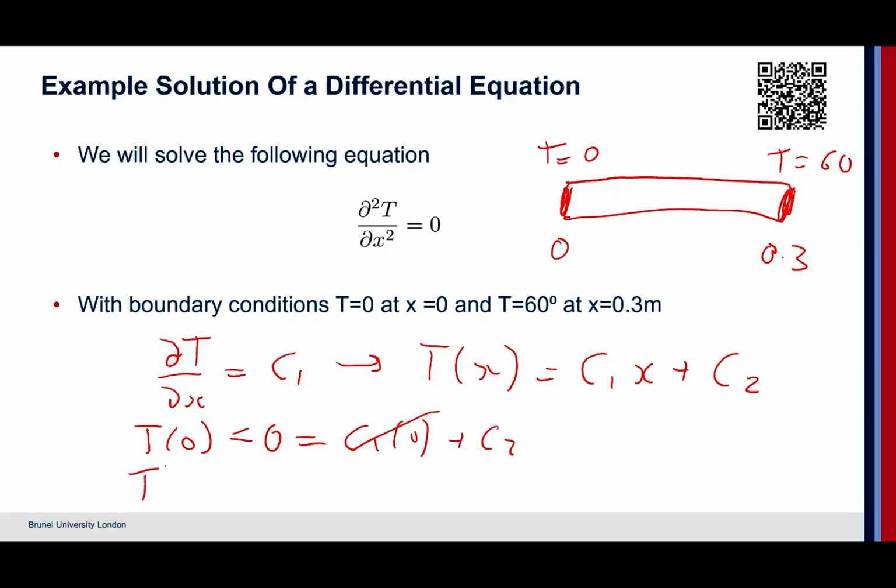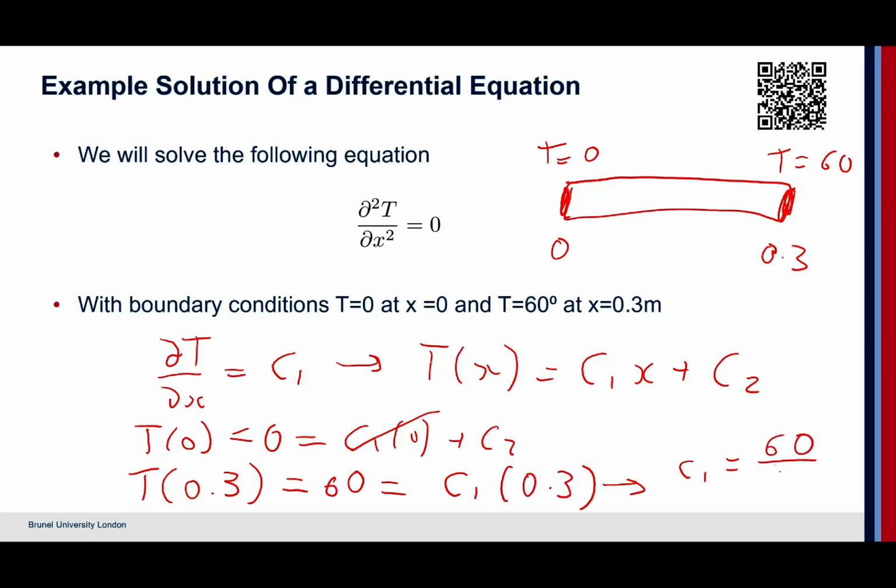And then we also put in the second boundary condition, so T of 0.3 is equal to 60 degrees. And that's equal to c1 times 0.3. So we can rearrange to get c1 is equal to 60 over 0.3, which is 200.